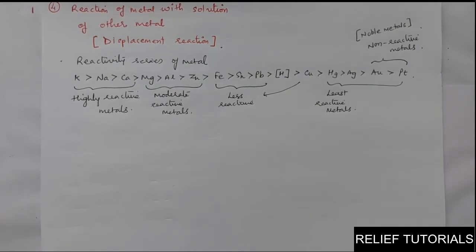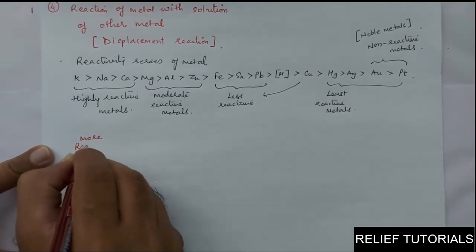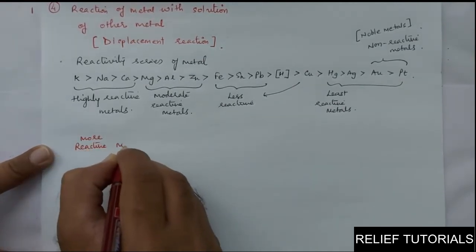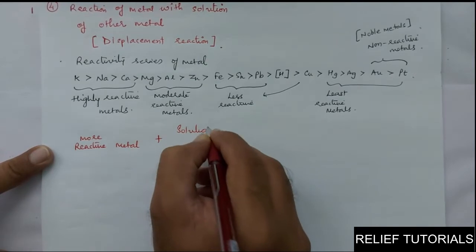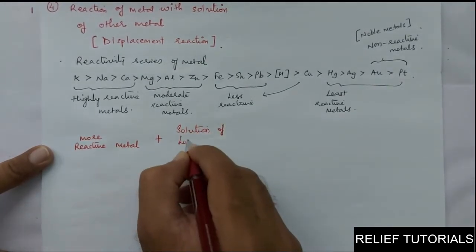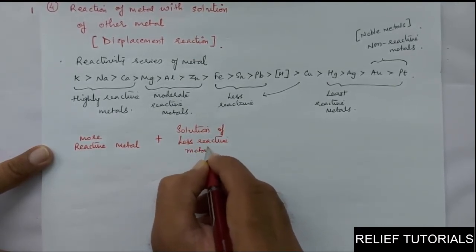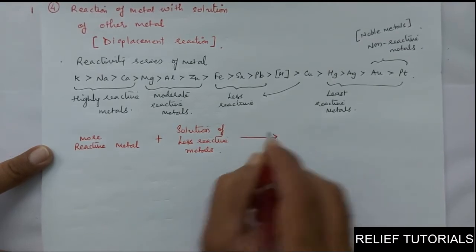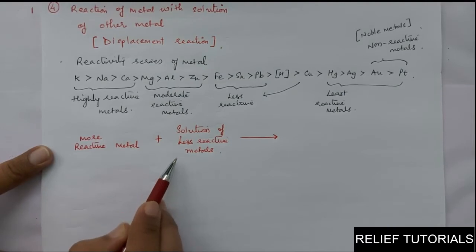So when highly reactive metal is added to the solution of less reactive metal, when more reactive metal is added to solution of less reactive metals, then the more reactive metal will go in the solution and the less reactive metal will be displaced out.